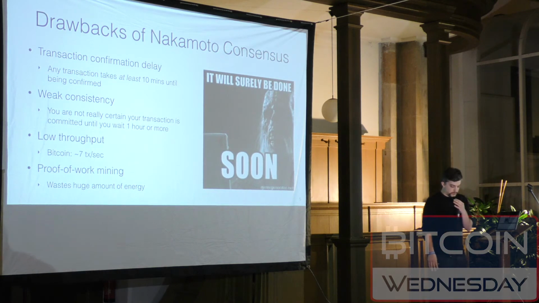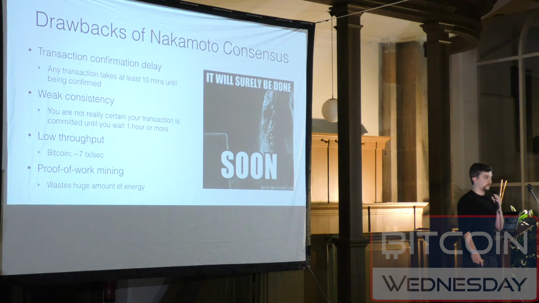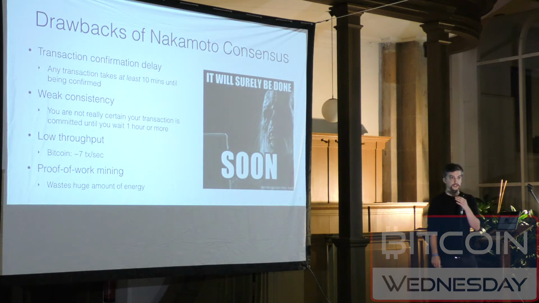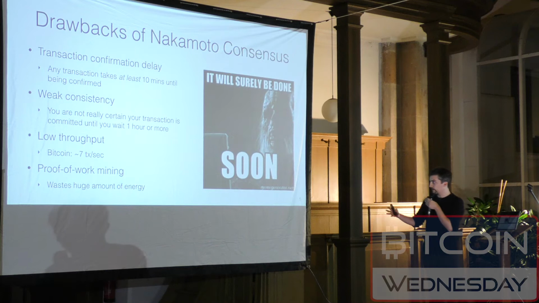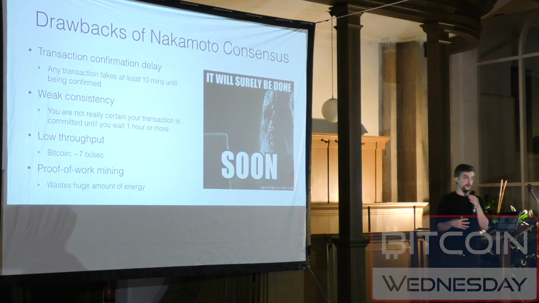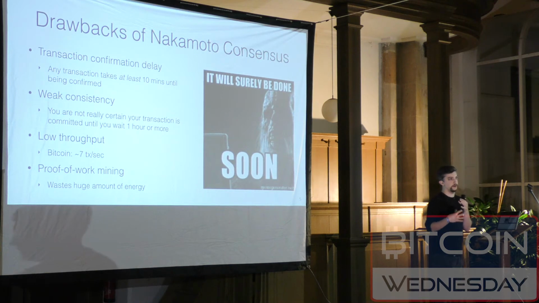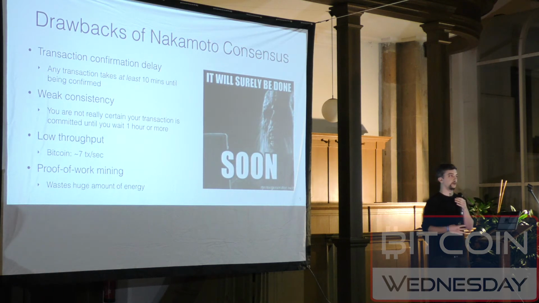Then also, Bitcoin has a very low throughput. We all know the discussion that has been going on for quite some time on really how to get more performance out of the Bitcoin blockchain. And currently, it is still at 7 transactions per second. Although there are endeavors to increase the throughput of the Bitcoin blockchain, currently we're still operating at 7 transactions per second.